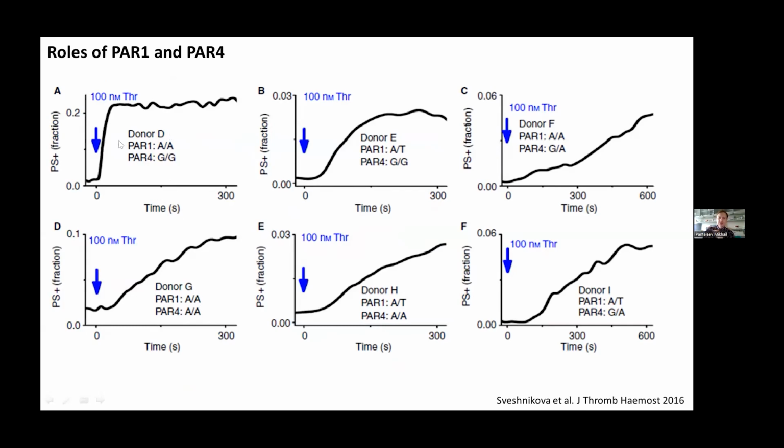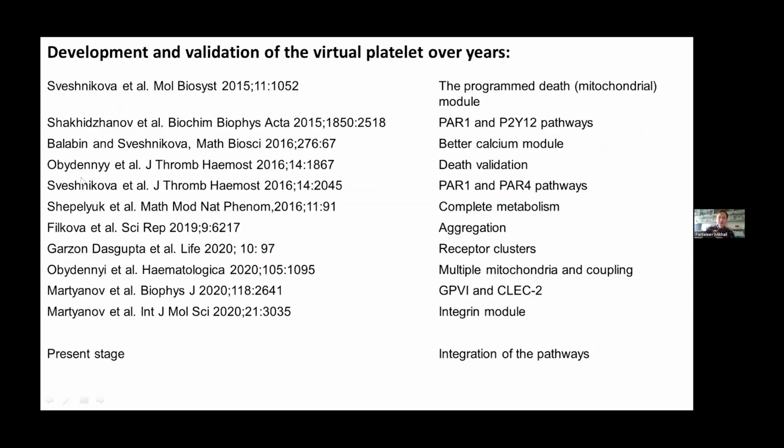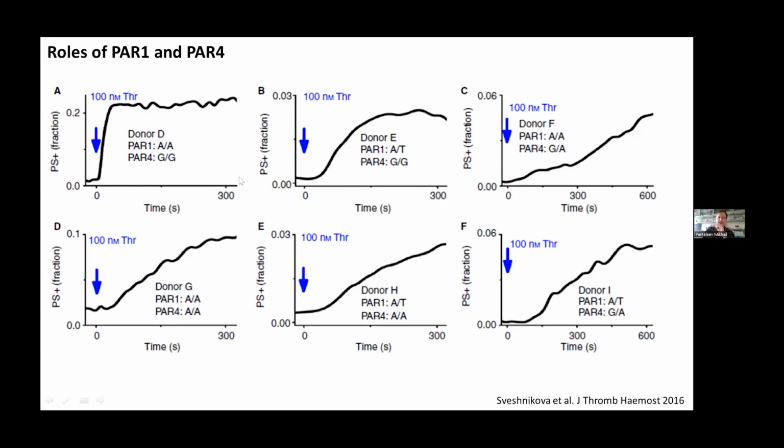So the donors with a strong PAR1 phenotype have a very hill-like response over time, while donors with predominant PAR4 phenotype have a slow, long response, which is very interesting in view of the recent development of PAR1 antagonist that failed in clinical trials, which suggests that this difference and different role of PAR1 and PAR4 peptide receptors would explain this.